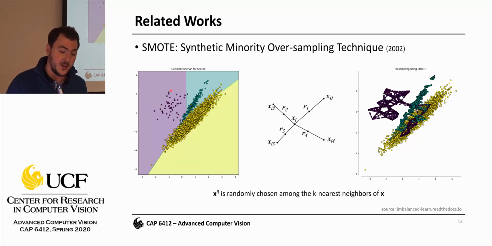For example, on the left here, if we look at the purple points that belong to the purple class, then you could choose, usually it's 5, the 5 nearest points to that point, and then you distribute points, calculating the distance between those points, and that's how the oversampled dataset would look on the right. As you can see, where there were missing points, now we have artificial points added.